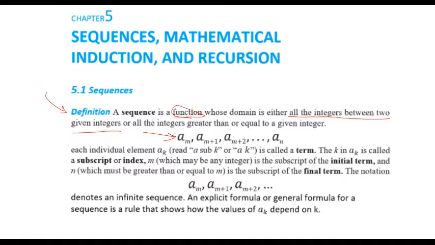So this is a sequence of numbers, a sub m, a sub m plus 1, a sub m plus 2, all the way to a sub n, with the domain m, m plus 1, m plus 2, all the way to n. And each of these individual elements like a sub k, which we can read as ak or a sub k, is called a term in this sequence.